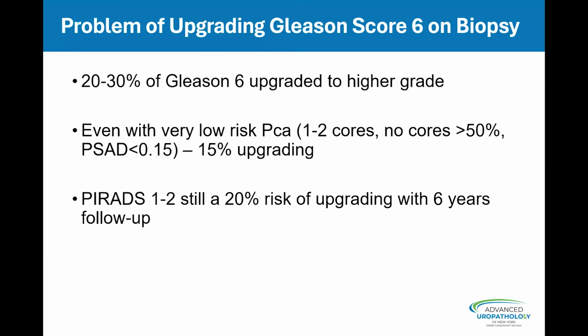Even if you look at low risk prostate cancer, which is just 1 to 2 cores, no core has over 50% cancer, the PSA is low, there's a 15% risk of having worse cancer that was missed on the biopsy. Even if you look at lesions that weren't even seen on multiparametric MRI, PIRADS 1 and 2, and you have a Gleason 6, there's still a 20% risk of upgrading over time.